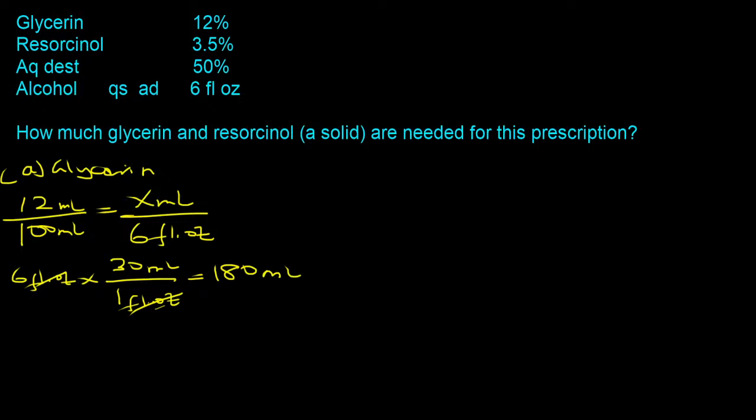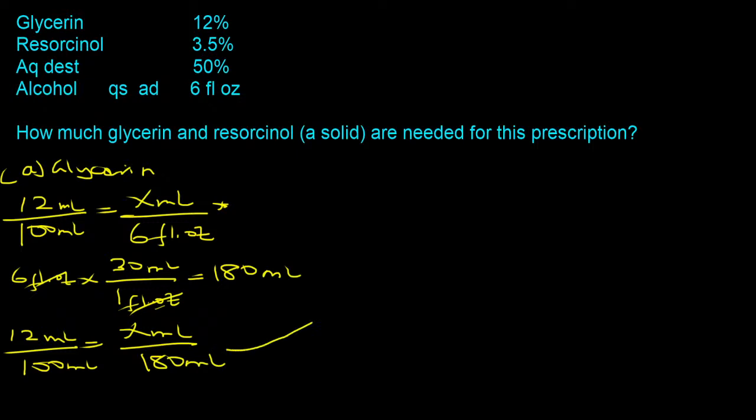So we can rewrite this proportion again, and we will have 12 milliliters divided by 100 milliliters being equal to some quantity divided by 180 milliliters. We can now solve for our unknown, which is X here.